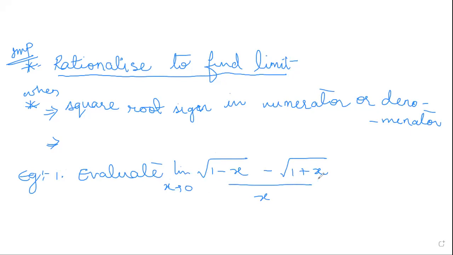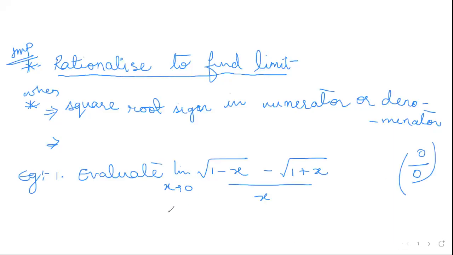Copy the question down, try to substitute 0 in place of x and see what you are getting. Are you getting the indeterminate form, that is 0 by 0? Yes, if you substitute 0 here, you should get numerator as 0, and the denominator obviously becomes 0 directly.